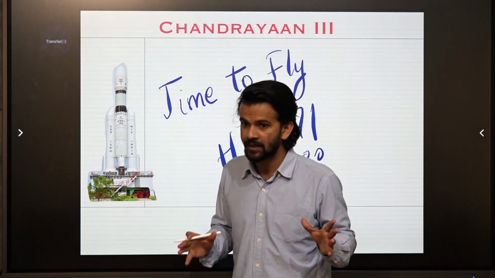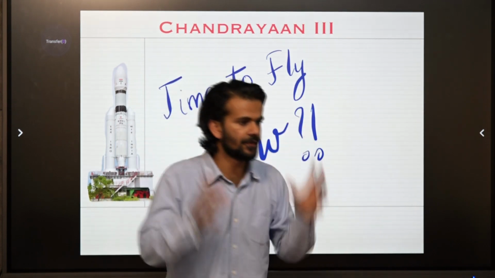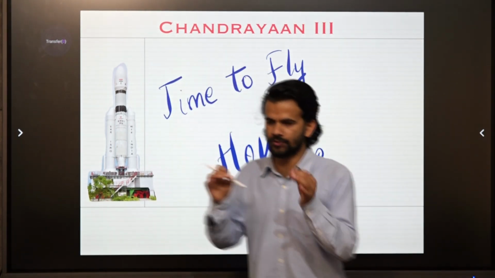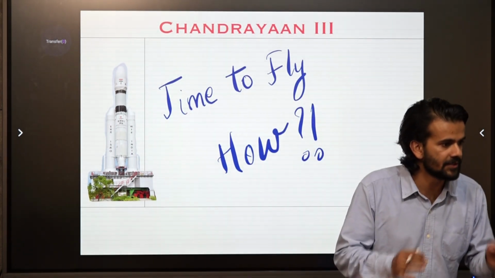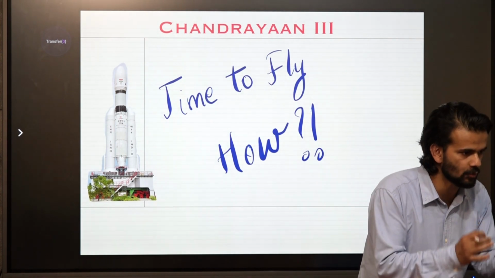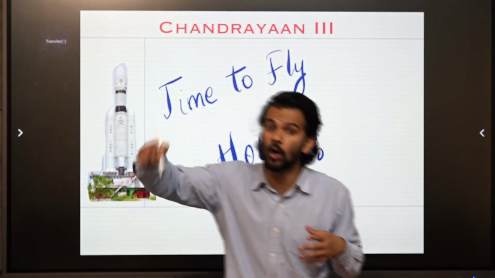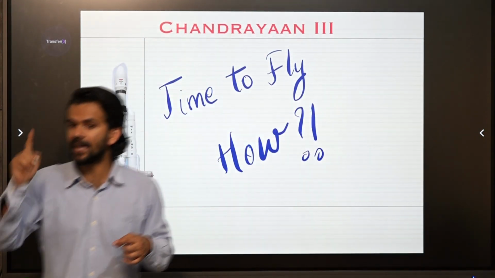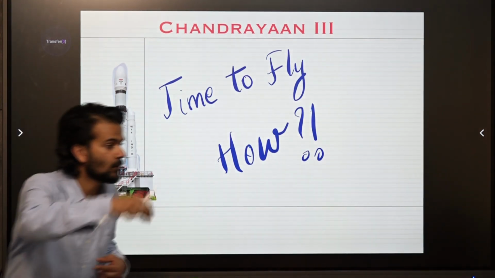It has to follow certain physical laws of physics. And therefore, by using the laws of physics, we have to decide accordingly from where to fire, when to fire, and what path it's going to follow. We have to know all of these things, and then only finally is it going to land where we want.